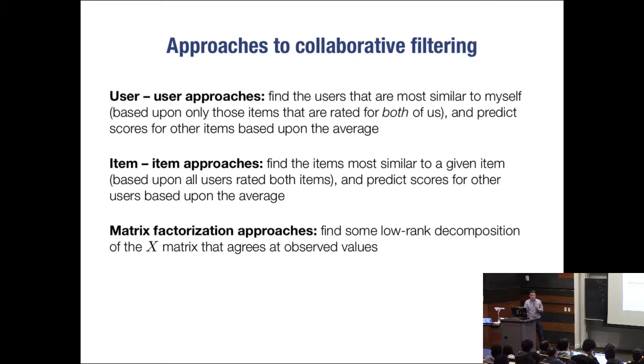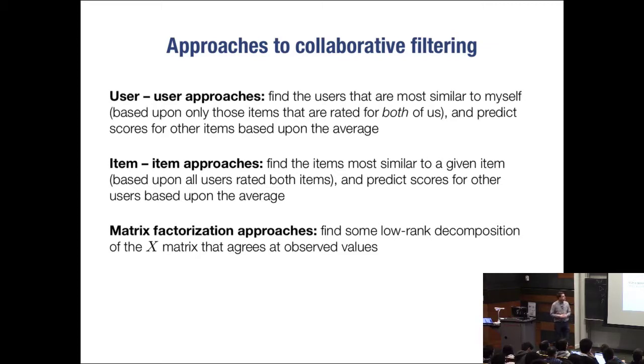There are 3 basic approaches to collaborative filtering that we're going to cover in class today. The first 2 are similarity-based methods, and I'll explain what I mean by that in a second. They fit into the approach of user-user or item-item similarity methods.